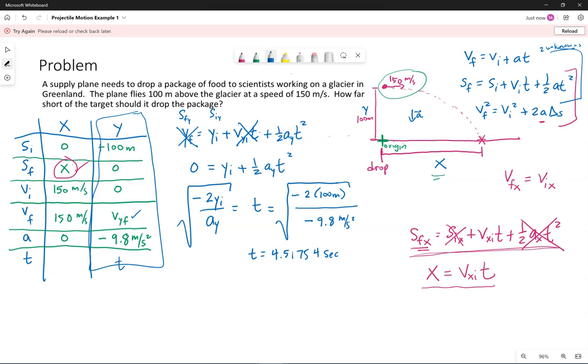But while it is dropping, it is also moving horizontally at 150 meters per second. So we can find how far it travels in that time, by plugging it back into this horizontal equation we were looking at before.